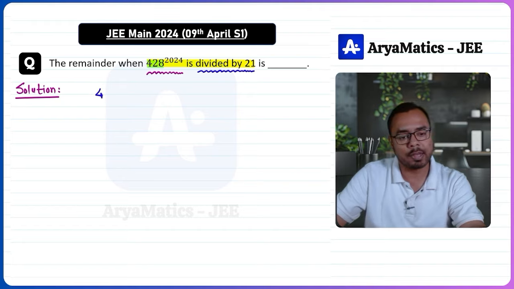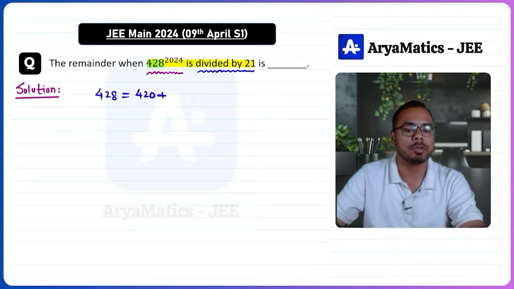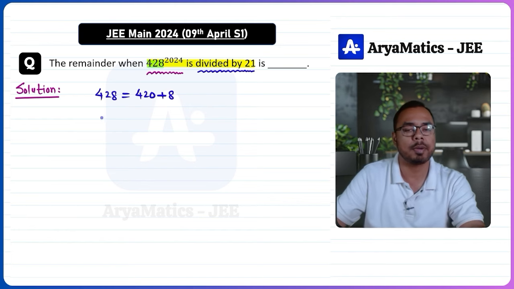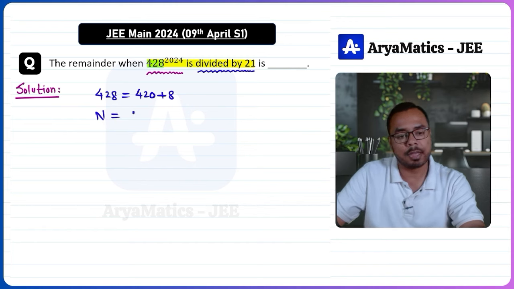So if you divide 428 by 21, clearly you can see that 420 will be a multiple of 21. So that means 428 we can write as 420 plus 8, and 420 is a multiple of 21. So let us say this number is n. We can write n as (8 plus 420) raised to 2024, right?